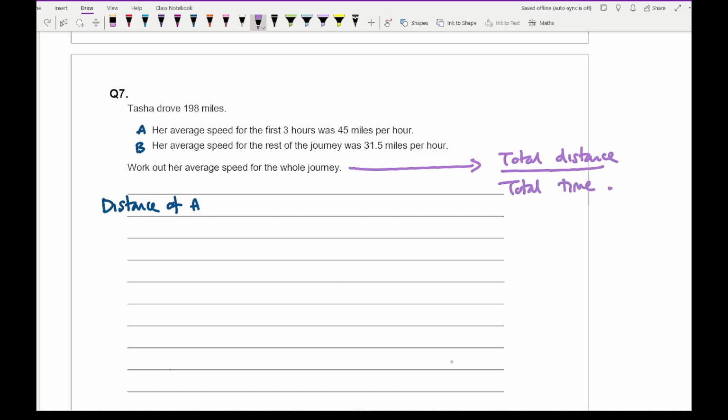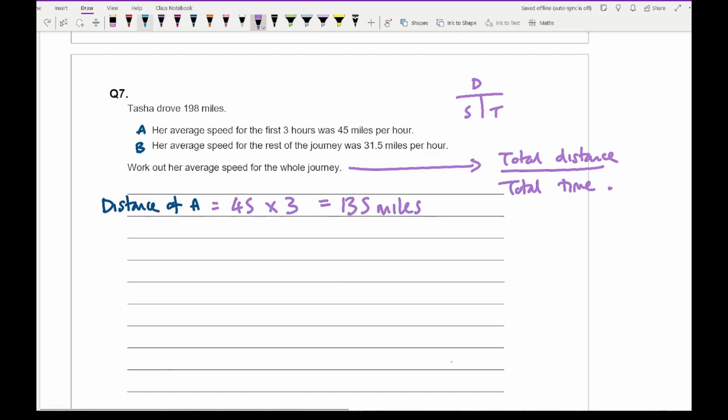So for the distance of A, again using distance, speed, time, to work out the distance, I've got to do speed times the time. So it's going to be 45 miles per hour multiplied by 3, which comes up to 135 miles.